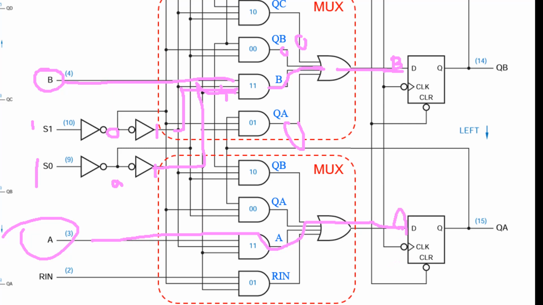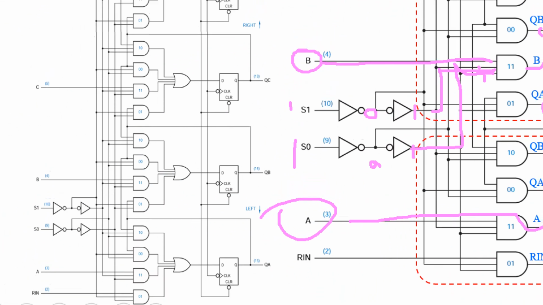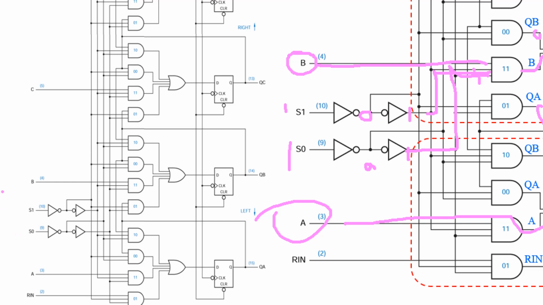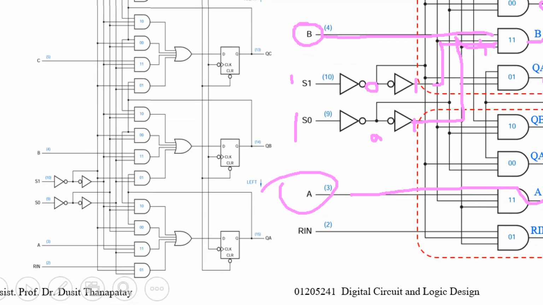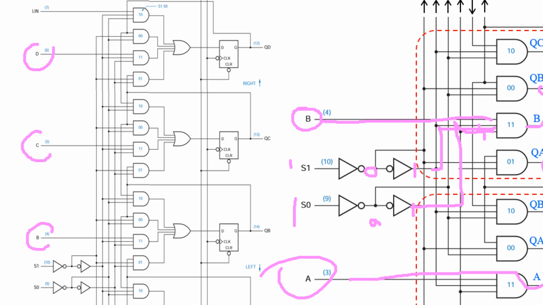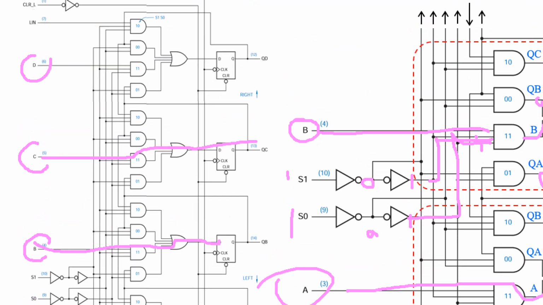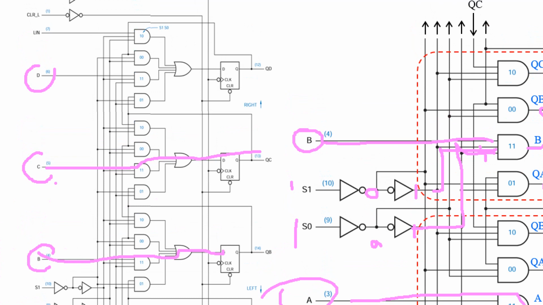That means when the clock ticks, QA, QB, QC, QD will update with the external input, like B, C, A, D. They flow and update when the clock ticks.